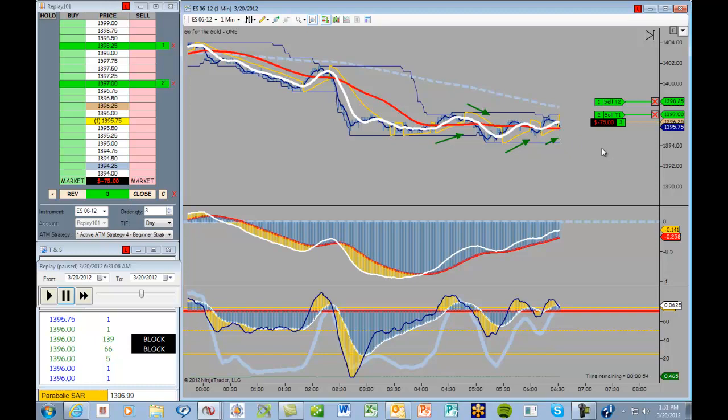Maybe this market wants to go down after all. Notice that we are now in the overbought zone with our long-term stochastic.